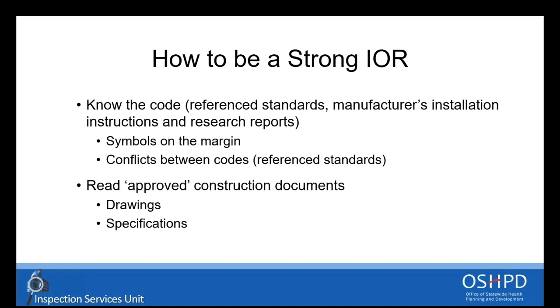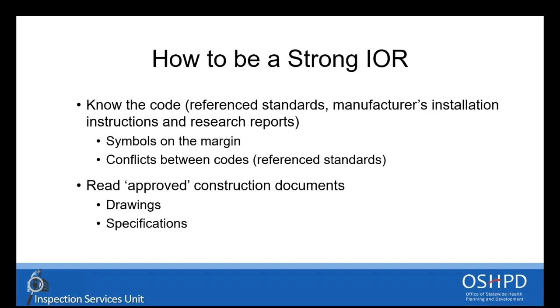It's not the most restrictive. When there's a conflict between codes, then usually the specific codes will govern over the general sections, right? So it's not always just the most stringent or most conservative code or reference standard that will govern.